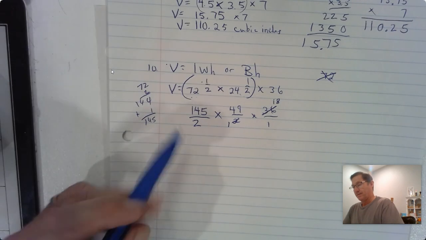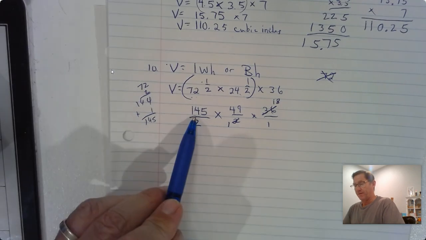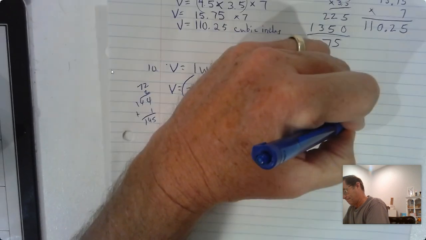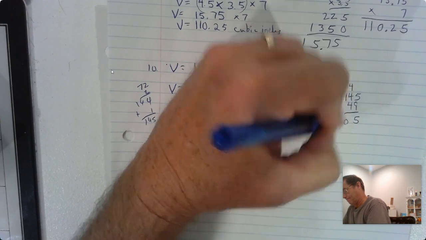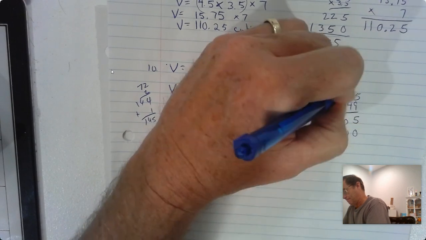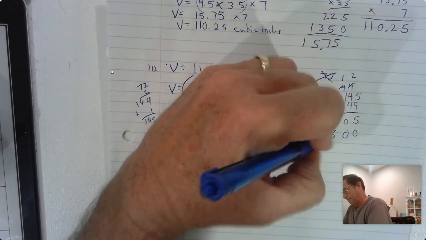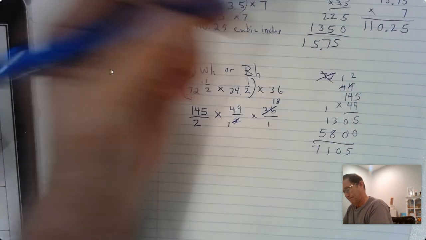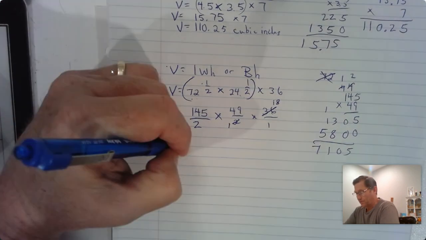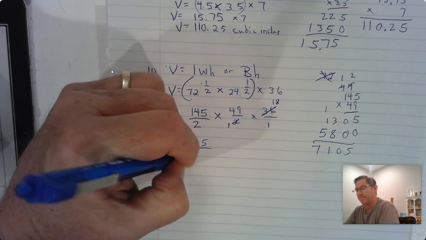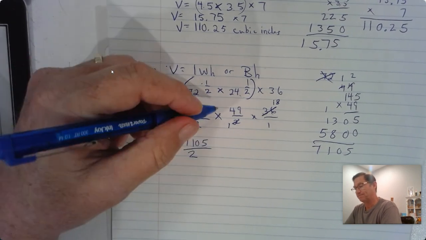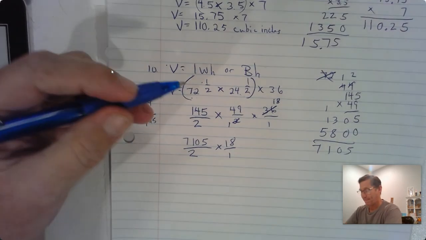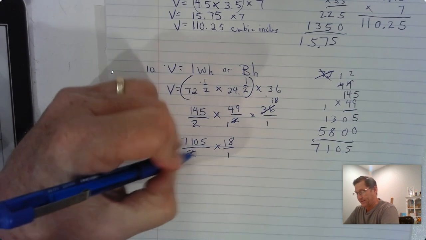All right, so let's go ahead and multiply 145 times 49. So 7,105 over 2 times 18 over 1. Well, 2 and 18 can be simplified.